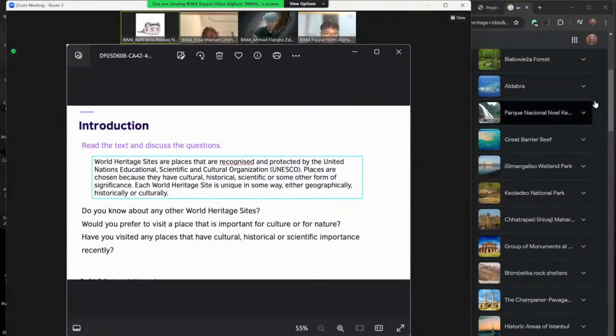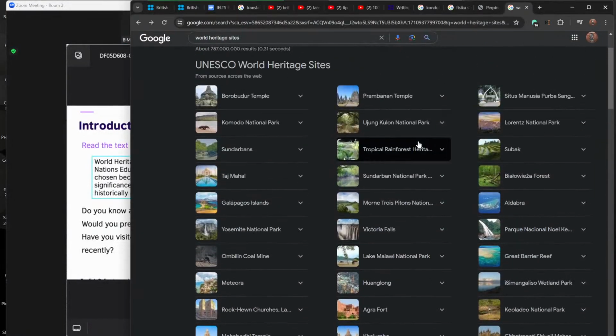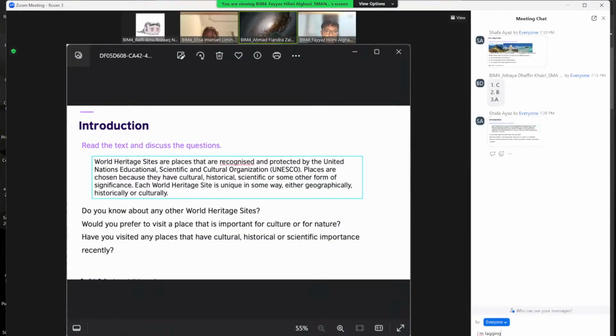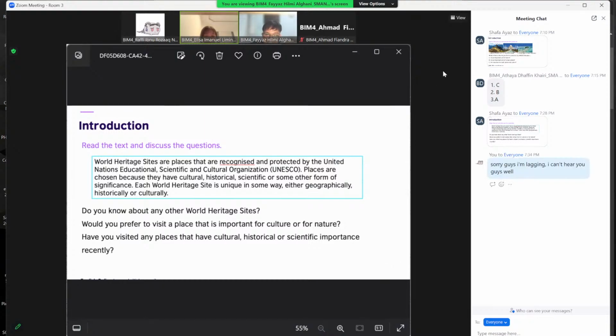Mountain, it's quite interesting. Wow, the Eiffel Tower is UNESCO World Heritage. What? Eiffel Tower? Oh, wow.